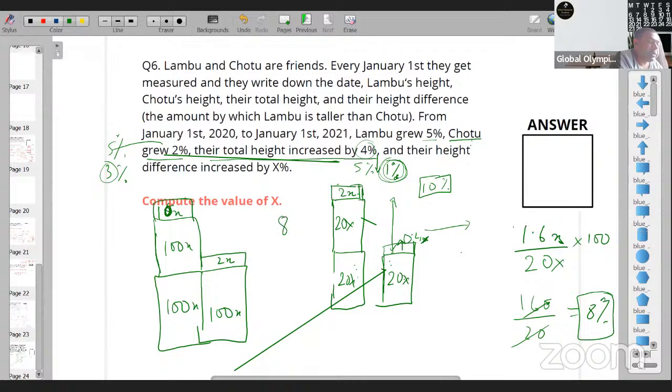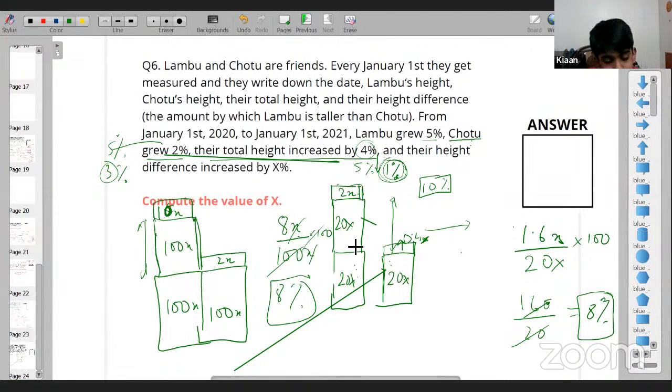The gap increased by 8x, correct or not? Whatever the gap was 100x earlier, now the gap will increase by another 8x, correct? On a base of 100x, because the gap was 100x only initially. So that's 8%. Understood?